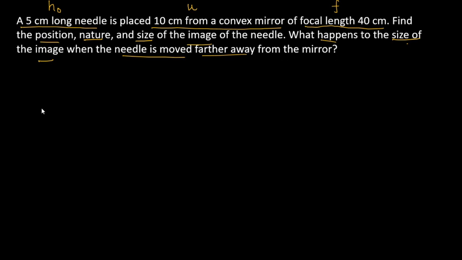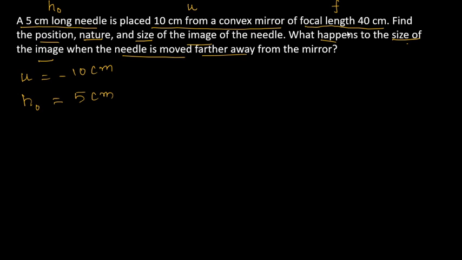Now let us list out the given parameters. Object distance is u, that is minus 10 centimeter, and the height of the object HO, that is 5 centimeter. And then it is a convex mirror.